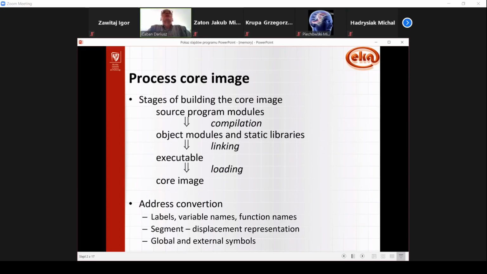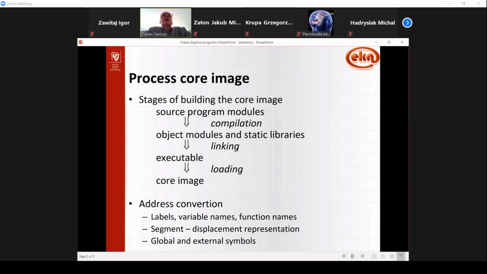You change the address references from the addresses which are calculated on the basis of the beginning of each segment in your program to addresses which are absolute in physical memory. And when you load the program into memory, it is something which is called core image.